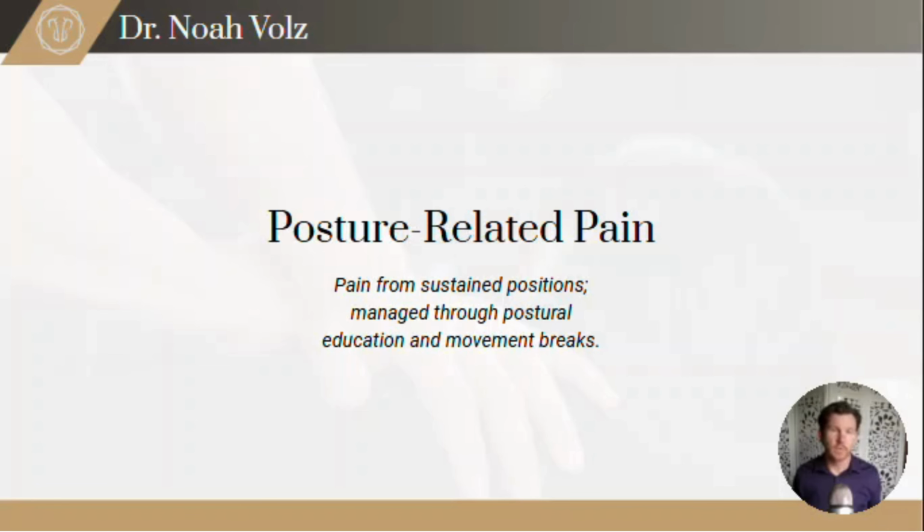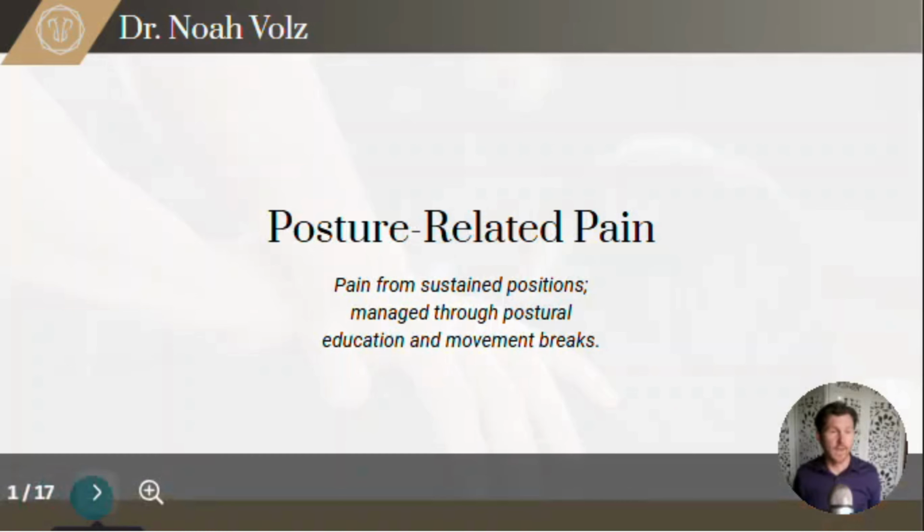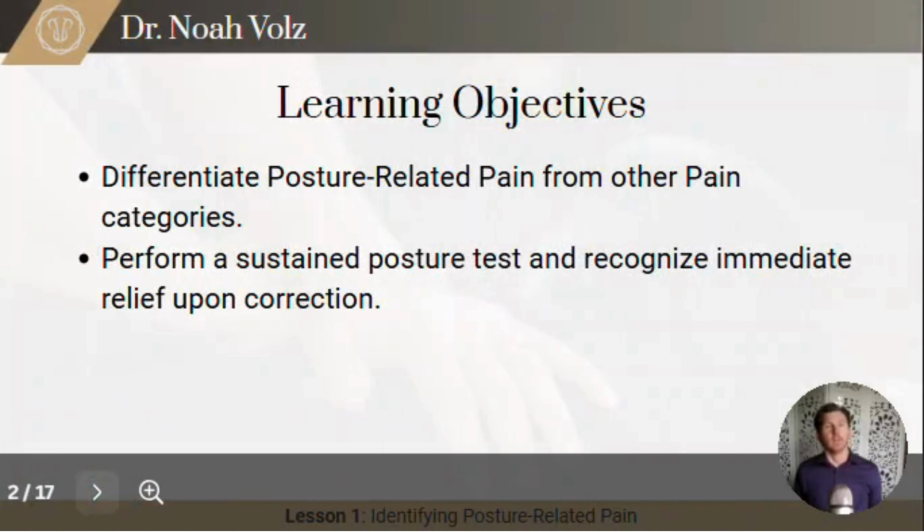So, posture-related pain is pain from sustained positions or posture, and it's managed through postural education and movement breaks. So we're going to go through this now. All right, so the learning objectives are to differentiate posture-related pain from other pain categories, and then perform a sustained posture test and see if you get relief after doing the correction to that test.